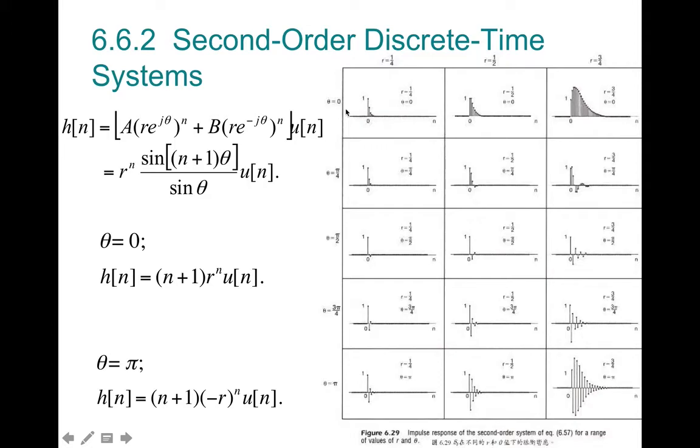So here is when theta equals 0. You can see that when r is 1/4, we cannot see the effect of the monotonically increasing term n plus 1 because r is pretty small.